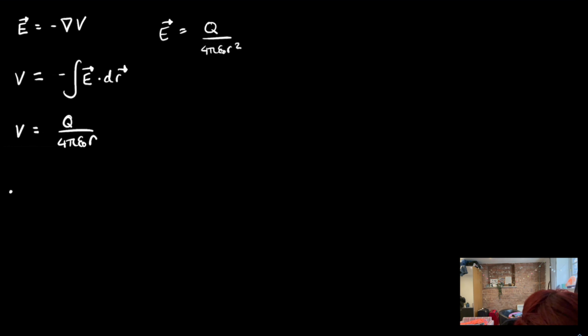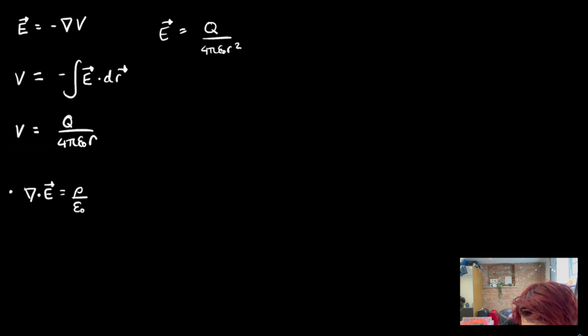But we also know from Gauss's law, which is Maxwell's first equation, that the divergence of E is equal to rho divided by epsilon. For now, we're going to assume that we are in free space.